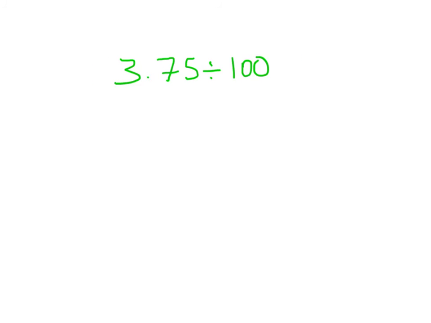Alright, example 2, 3.75 divided by 100. Again, we can see here that we've got 2 zeros, therefore I'm going to move the decimal 2 places, doing division. So I want to move the decimal to the left. I want that number to get smaller.